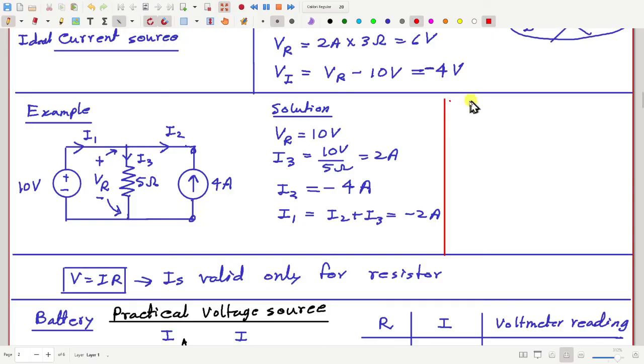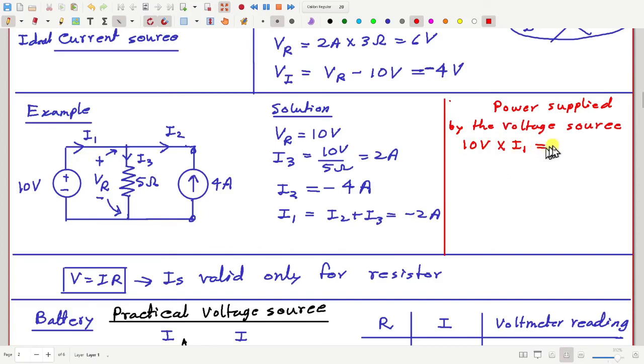That will be 10 volt into I1, and I1 is -2.